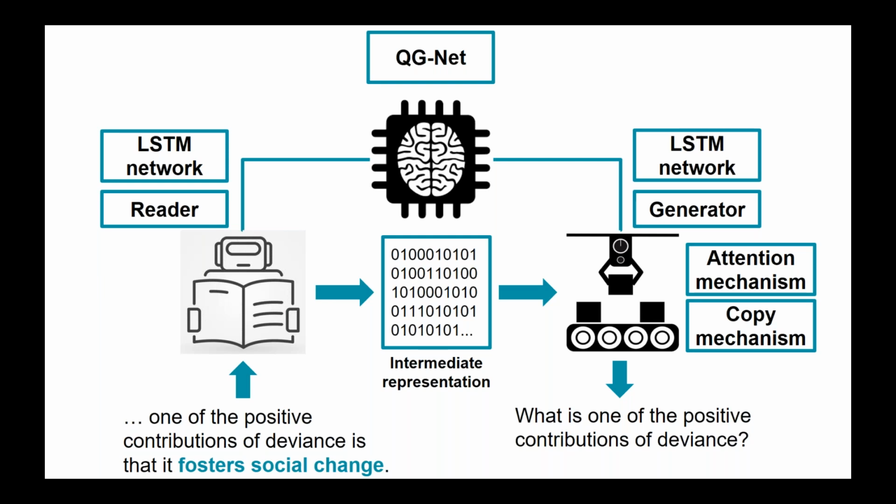Think about it: when you ask a question about something and want it to be very relevant to the input, very often there must be some words that appear in the question that also appear in the input sentence. And we use this copy mechanism to enforce this, to train the model to select which words should also appear in the question. Okay, so that's what the copy mechanism does.